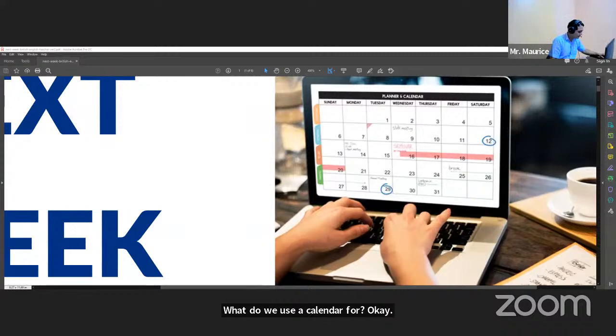Exactly, correct. Entonces sí, para planificar, quiere decir que las actividades que anotemos en un calendar, nosotros mismos ya hemos decidido que eso ya ha sido planificado o esa actividad ya ha sido decidida. Eso vamos a hacer, ¿ok?